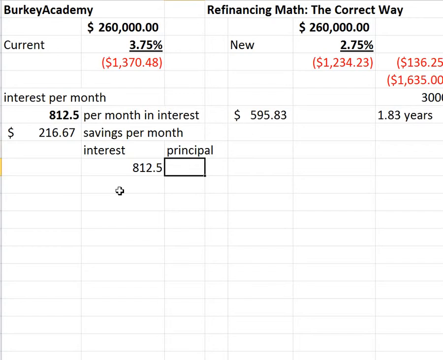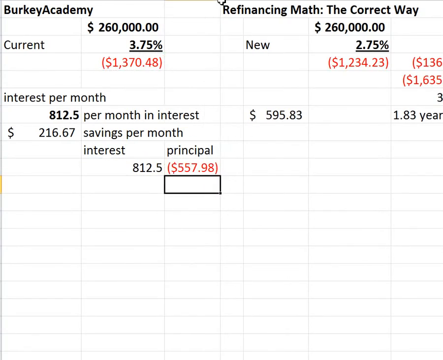It's the difference. So equals, since this is a negative number, let me add it. So that plus the negative number will show us the difference. So under the current scheme, you're paying $1,370 out of pocket. $812 is going to interest. $558 you keep because that's going to pay down the amount you owe. So I don't consider this amount, the 558, a bill. That's money that I can get back when I sell the house.